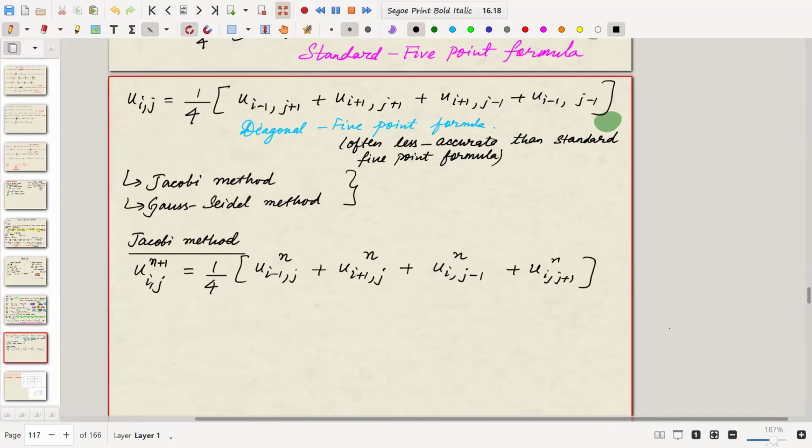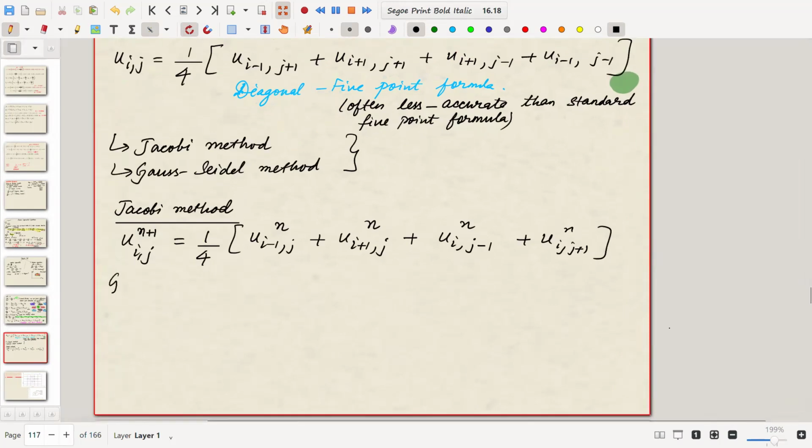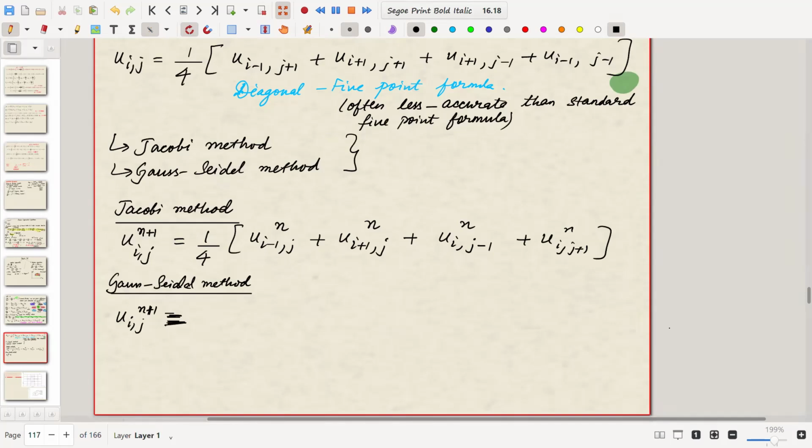But how does the Gauss-Seidel method look? It will look exactly like this, but this method takes the most recent update. How does it look? Uij at n plus 1 is equal to 1/4 of u i minus 1 j.